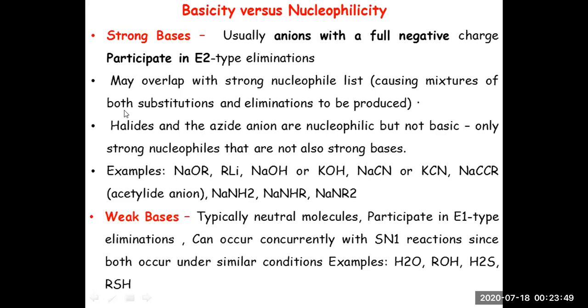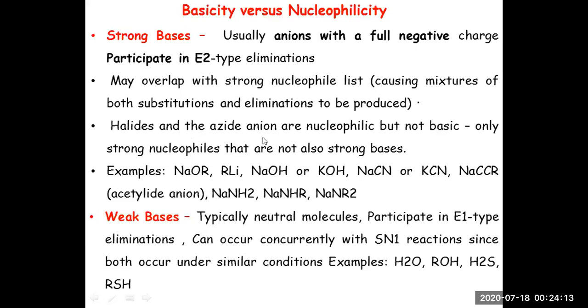We can classify them broadly as strong base and weak base. If I have a strong base, then generally it goes into elimination, that is the E2 mechanism. The details will be seen in the elimination reaction chapter, but for the time being, just understand that if you have a strong base, then it will bring about an elimination reaction.